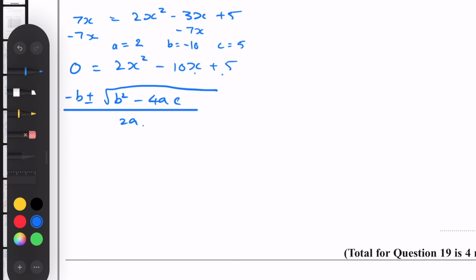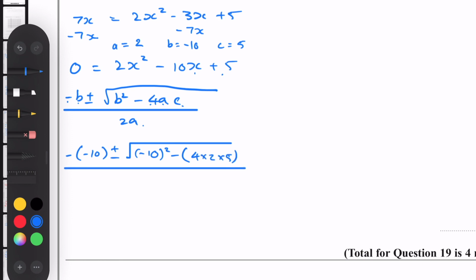So we're going to go for minus b, so that's going to be minus 10, plus or minus the square root of 10 squared, minus, and then 4 times 2 times 5. And then it's all divided by 2a, so it's 2 times 2.